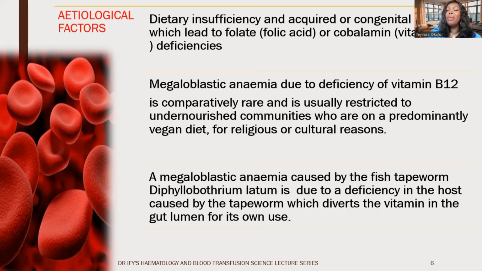Studies have also shown that megaloblastic anemia can occur in individuals that are infested with fish tapeworm and other parasites, which divert the vitamin in the gut lumen to their own use.